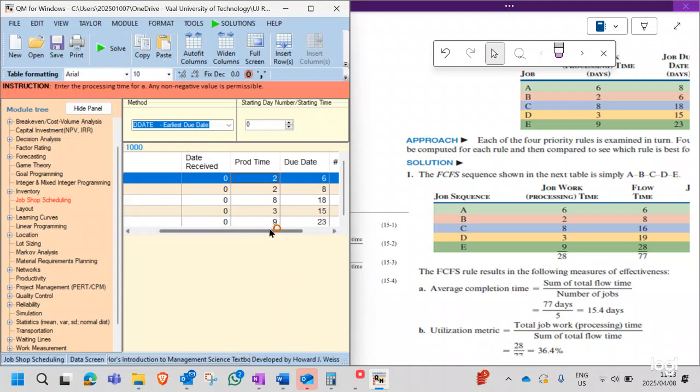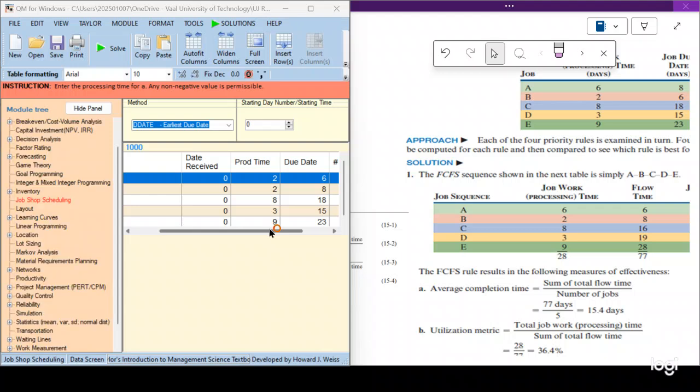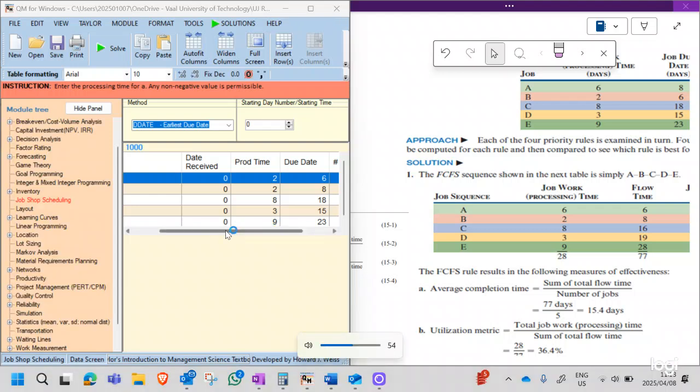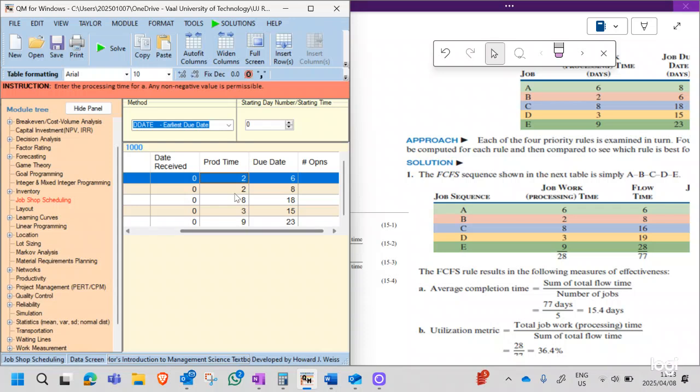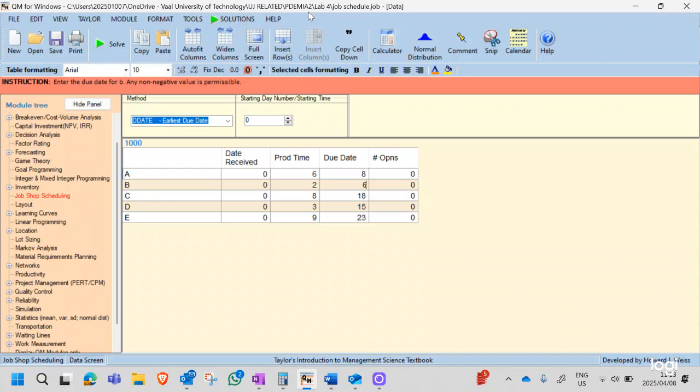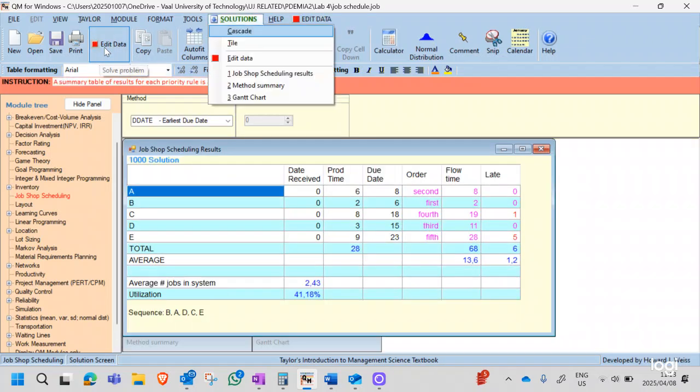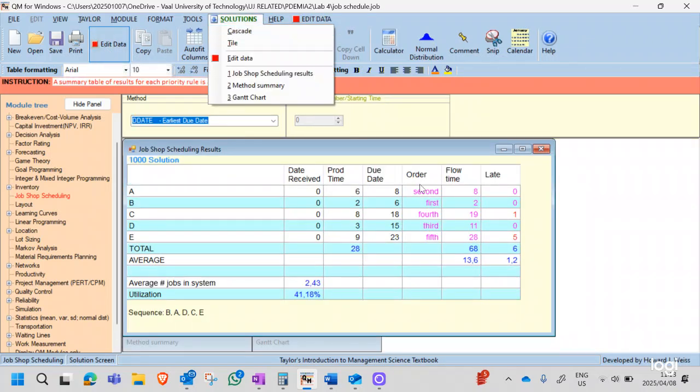Okay, let's do it again. A is 6 and 8, yeah? Then B is 2 and 6. Okay. Then C is 8 and 18, then 3 and 15, 9 and 20. Okay, so now we are correct.